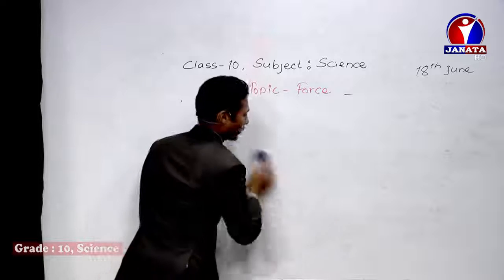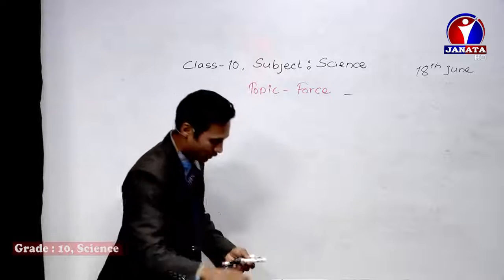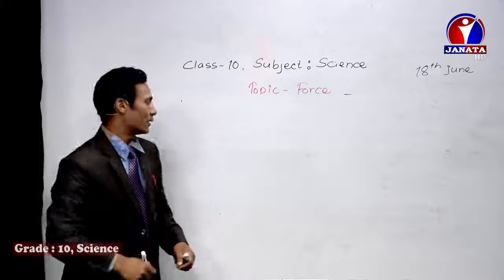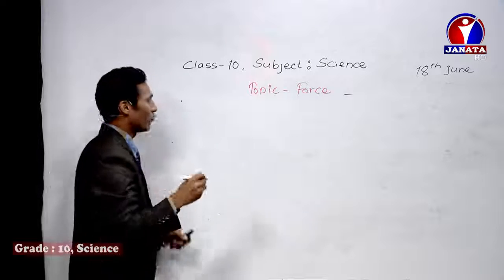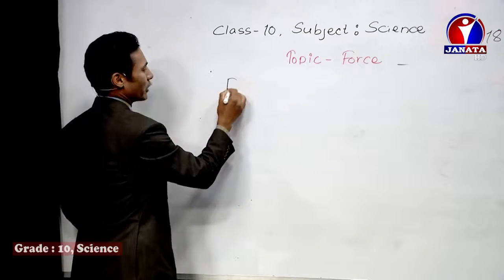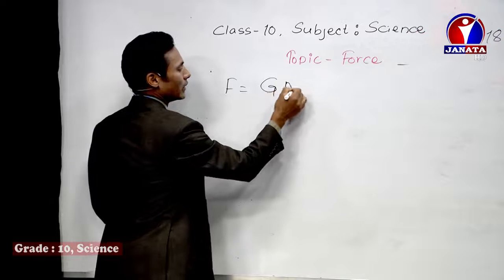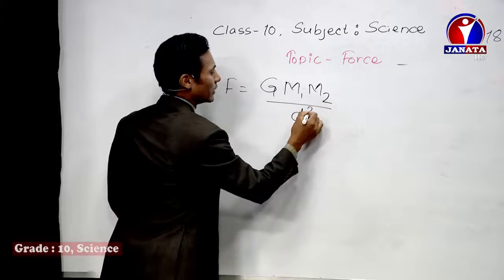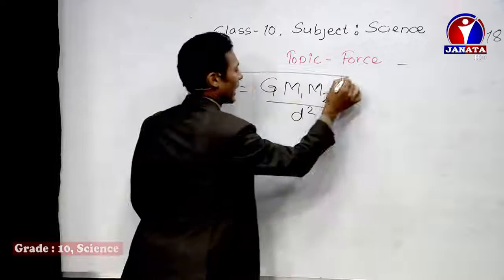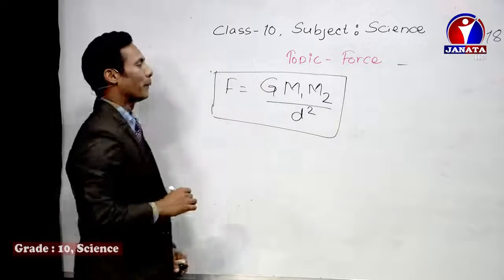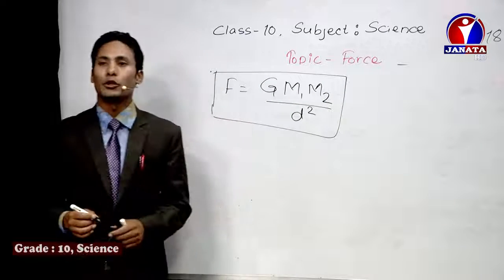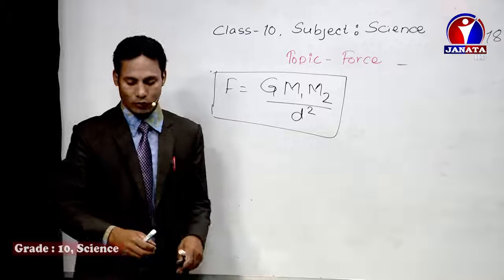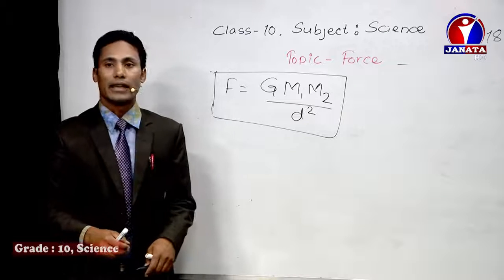Let me write down the formula again, whatever we have discussed, so that later on, whenever we practice numerical problems, we can use that formula. What we have derived today is F equals to G m1 m2 by d square. Some related numerical problems we will also discuss in the next class.